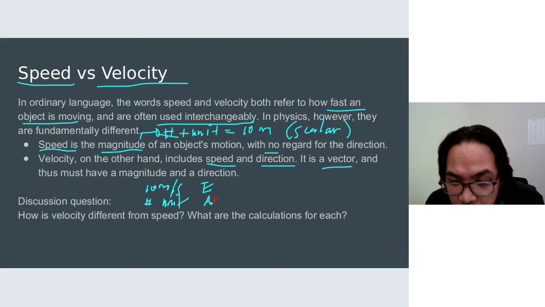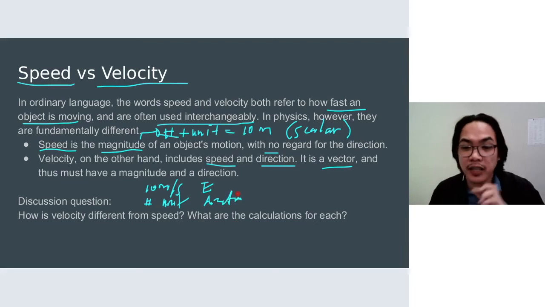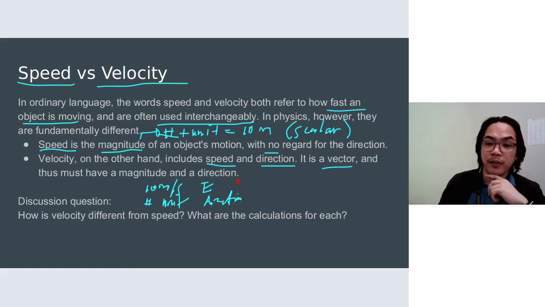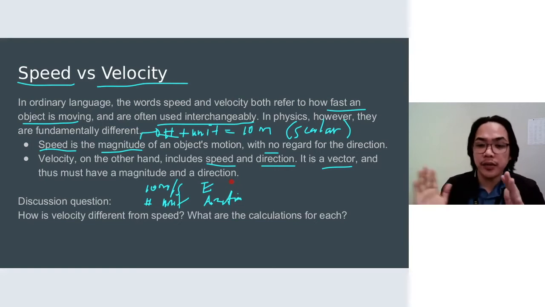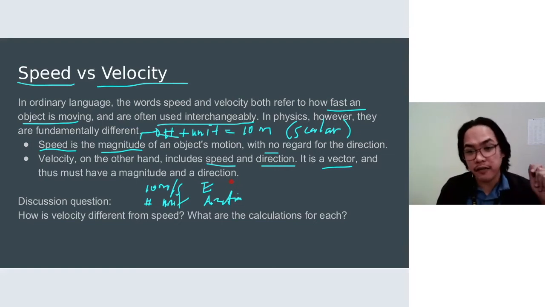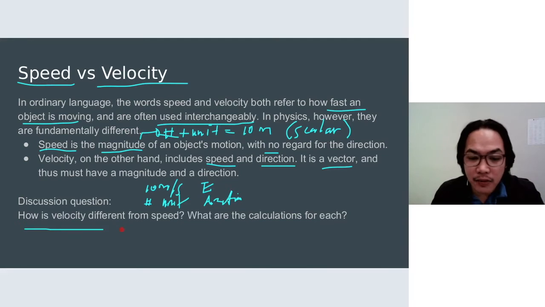East is your direction. Or sometimes we use a positive sign and a negative sign for direction. Positive means going to the right and negative means going to the left. Or you can use up, down, right, or left. So that is why velocity and speed are different from each other. Speed is scalar, velocity is vector.